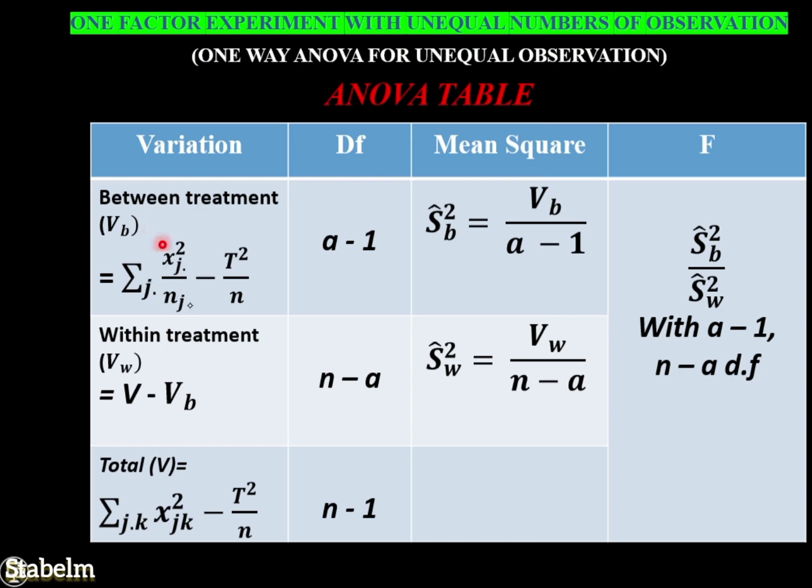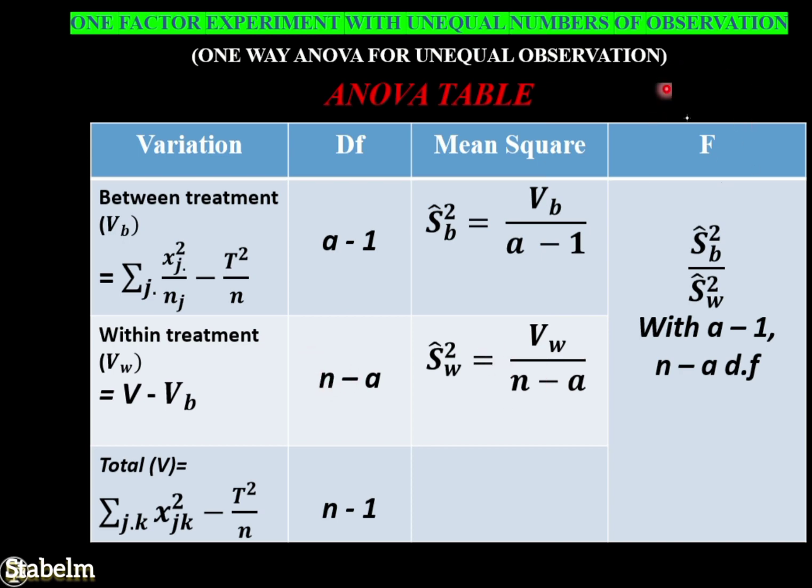Whatever we get in the sum of square box divided by the degree of freedom gives us the mean square between treatment, otherwise called the mean square of regression. Now the other one here, S hat subscript W squared, is the mean square within treatment. And how do we get that? Whatever value we get here divided by the degree of freedom for within treatment will give us this.